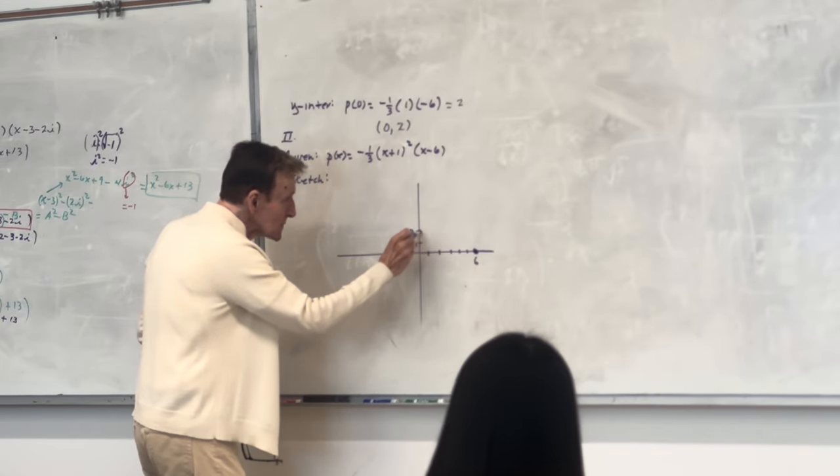Now, since I'm asking for a sketch, I've got the zeros, and I'm going to look at the cross-touch behavior and the end behavior. Let's get the end behavior out of the way. Guys, the end behavior depends upon the very first term.